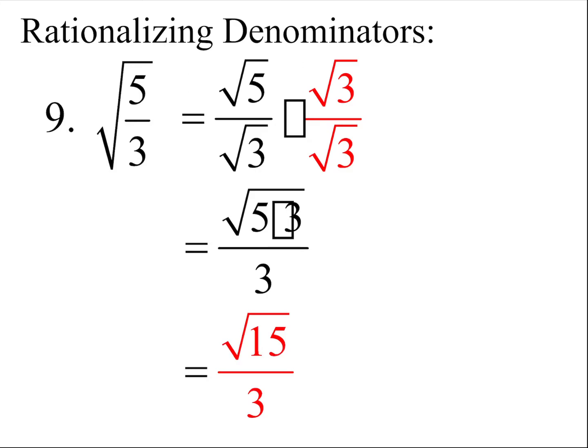Okay, and the reason why is the square root of 3 times the square root of 3 will be 3, because it's the same thing as the square root of 3 squared. Okay? But then I need to still multiply the top, and so I'm left with the square root of 5 times 3, which would give me the square root of 15 over 3. Yes?